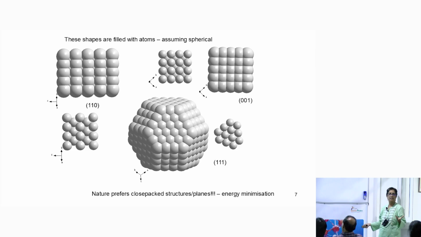And of course, nature always prefers minimum energy, stable structures, and always close packed. This is more close packed than the others. So that is why most of the time when you look at a nanoparticle, it looks like a spherical thing, but it's not spherical. It's more or less like this.